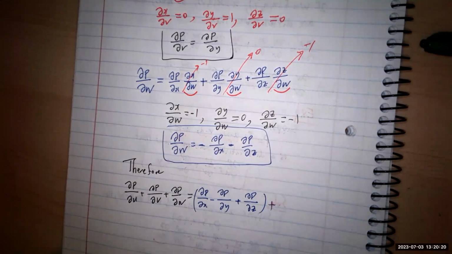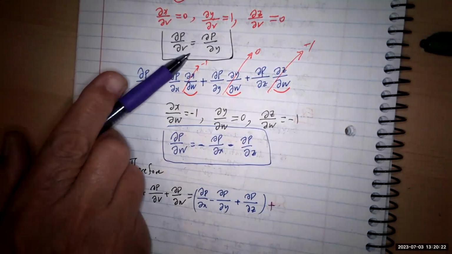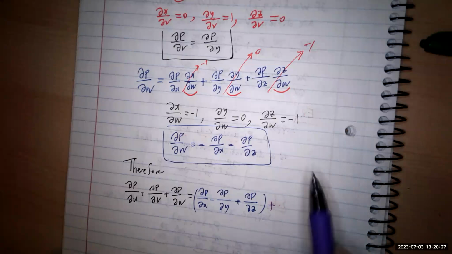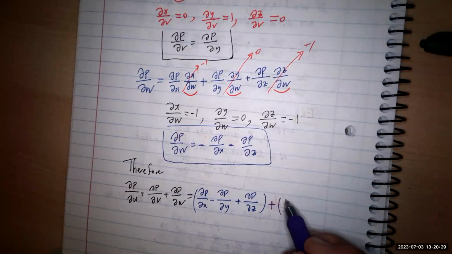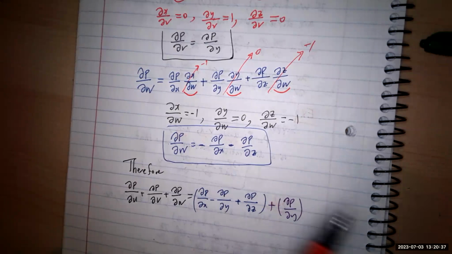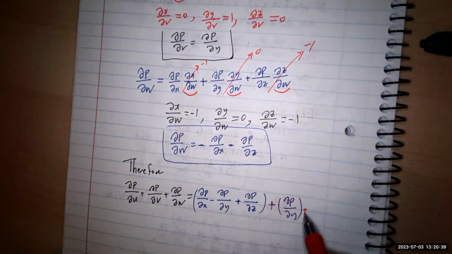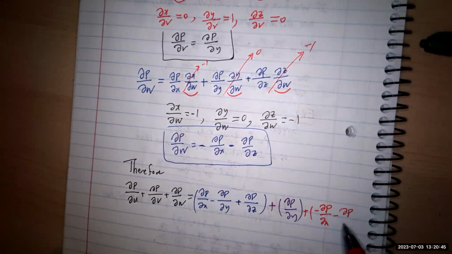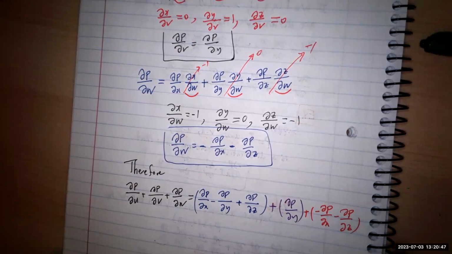Okay, in the second part, ∂P/∂V, this is it. For the second part, I put it inside parentheses so you know the difference. It's going to be ∂P/∂Y. And the last one is this one, so it's going to be plus negative ∂P/∂X, minus ∂P/∂Z. That's it.